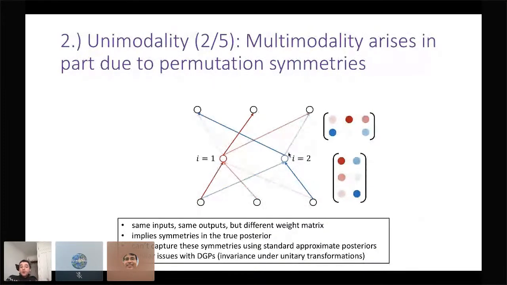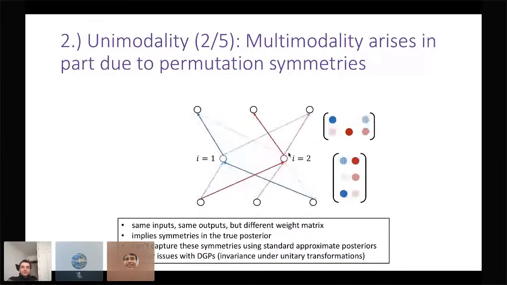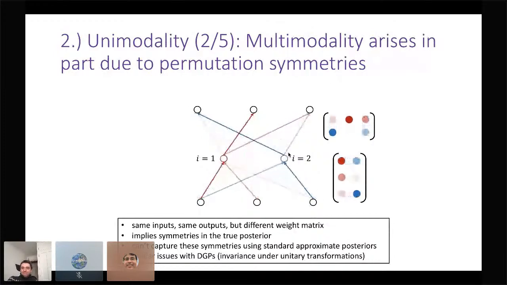So if I take a mode of the network, which might be this setup of the weights, well, that means that this setting of the network also has to be a mode because it's got exactly the same input-output transformation. And therefore, this loss landscape must be very, very complicated. In fact, it has a number of modes equal to the number of permutations of those intermediate layer units, which is very, very, very large.